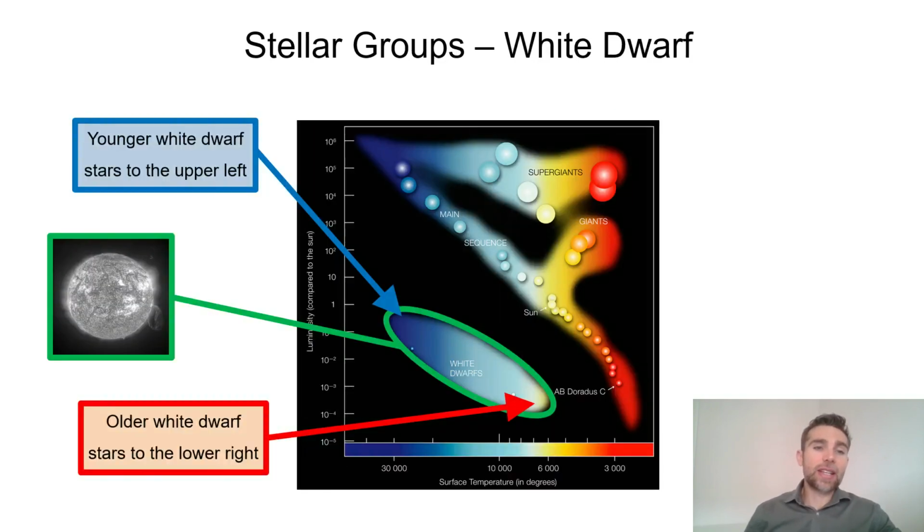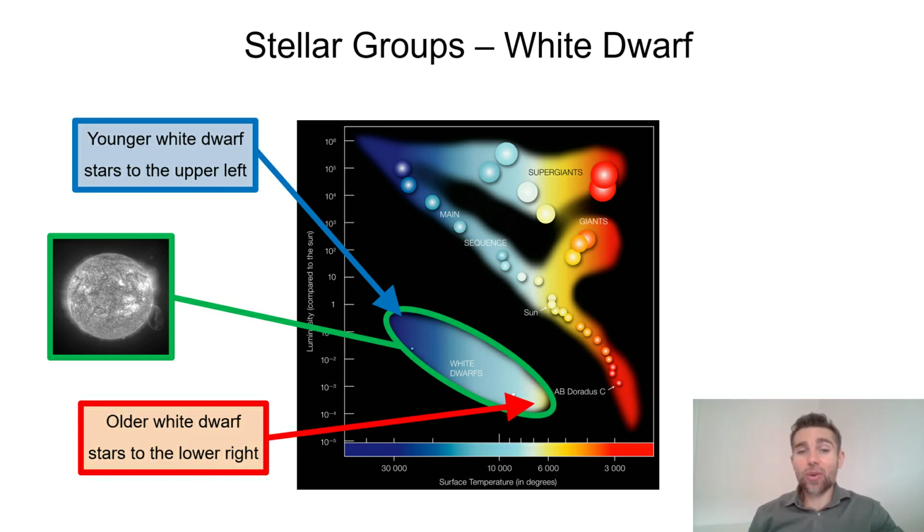Now, once it's done that, it's lost its outer layers, and you're just left with that internal core. It's no longer fusing any elements at all anymore. It's completely ceased. There's no fuel left for it. It's just a collapsed core. That then ends up as our white dwarf. So it comes down again into the white dwarf group here. Now, because it's not generating any energy anymore, it's going to cool down essentially.